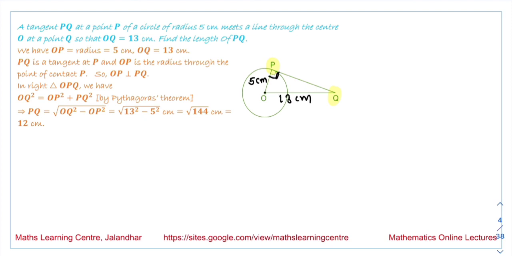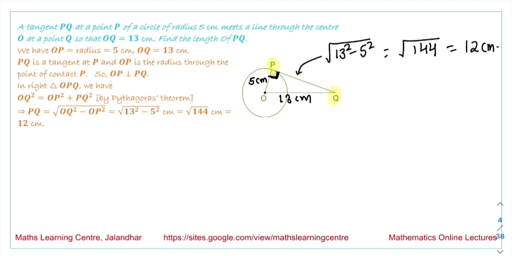Again, we have this OPQ as a right angled triangle. We have to find the length PQ, and this length PQ will be square root of 13 square minus 5 square. This comes out to be square root of 144, and the answer comes out to be 12 centimeters.